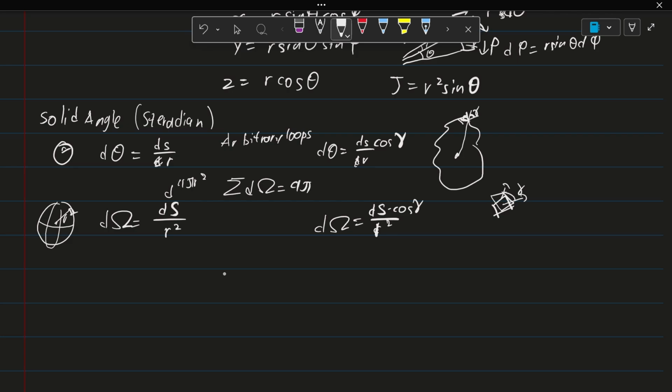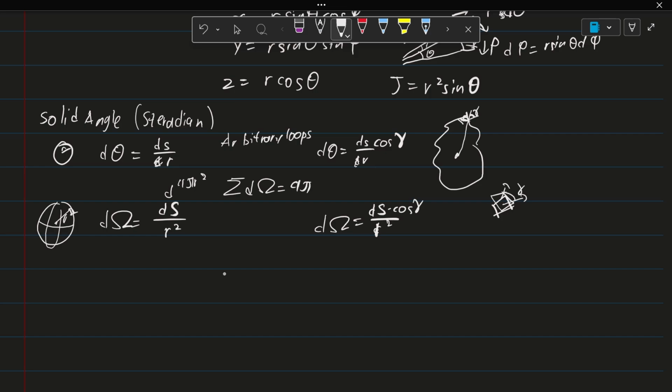This is why I explained a little bit about the tangent vectors: the angle between planes is very easily described by the angle of the normal vectors. So that's about the solid angle as well as the steradian, a very useful unit when you're describing solid surfaces.